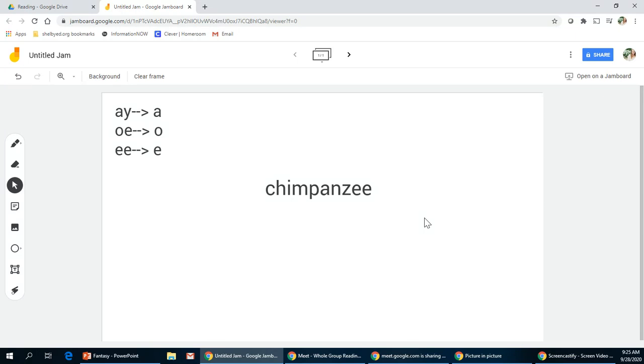Show me with your fingers how many syllables are in this word. Oh, I see a lot of threes, so maybe it didn't trick you. Let's see. All right.